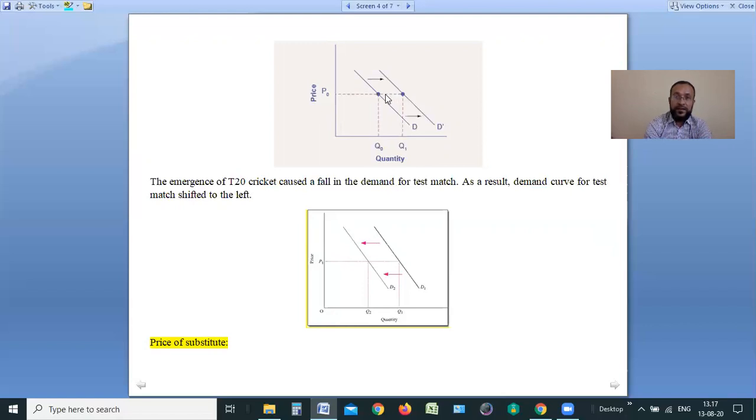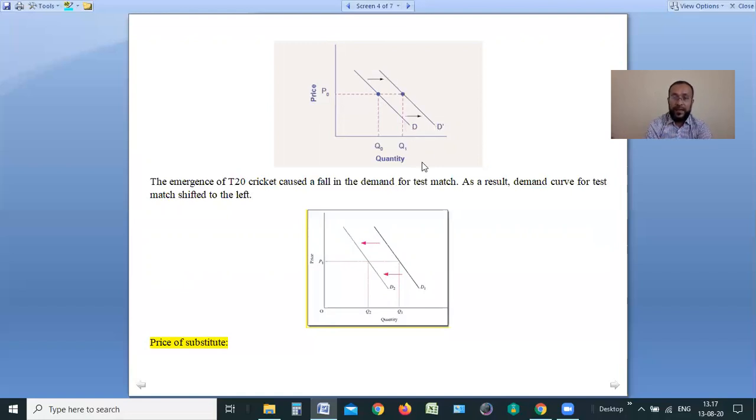Since the taste and fashion of the people changed, now they like T20 cricket more. So at the same price P0, they will buy more tickets for T20 cricket. So demand for T20 cricket tickets will increase from Q0 to Q1, and the demand curve will shift to the right from D to D1.